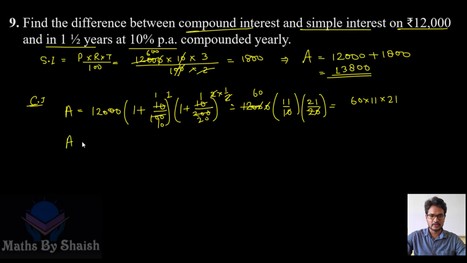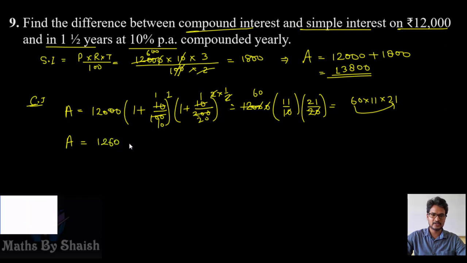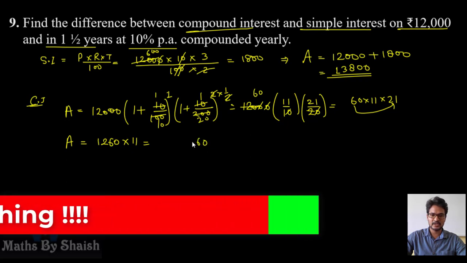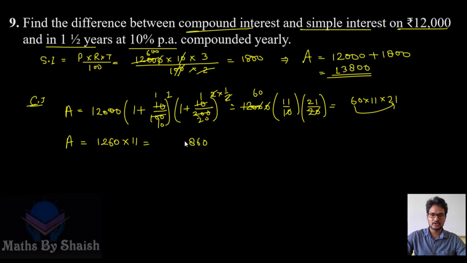So first 6 into 21 is 126, and calculating this further we get the result.